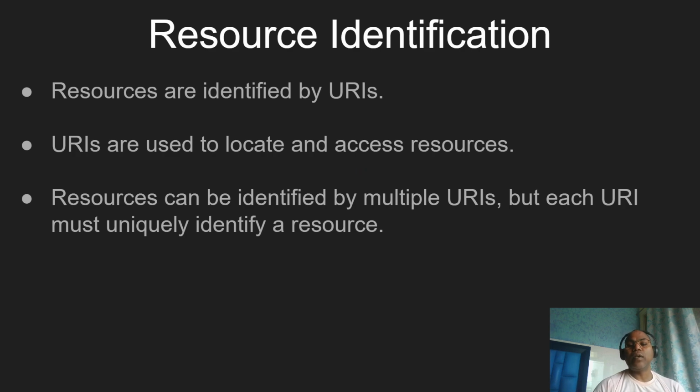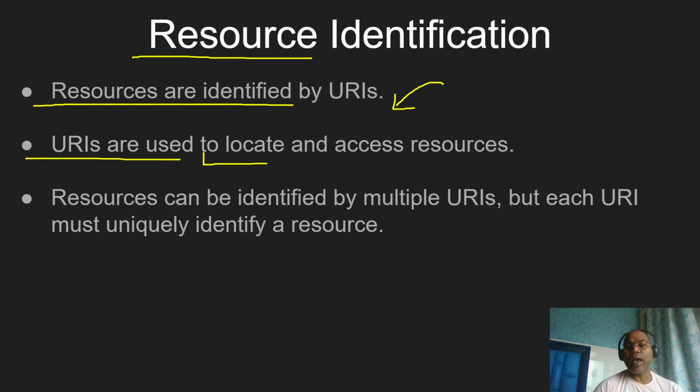As we discussed, each and every resource in a REST API is uniquely identified by your URI, the uniform resource identifier, and that URI can be used to locate and access a particular resource, because lots of resources are available on the server, maybe user resources, employee resources, payment resources, inventory resources.